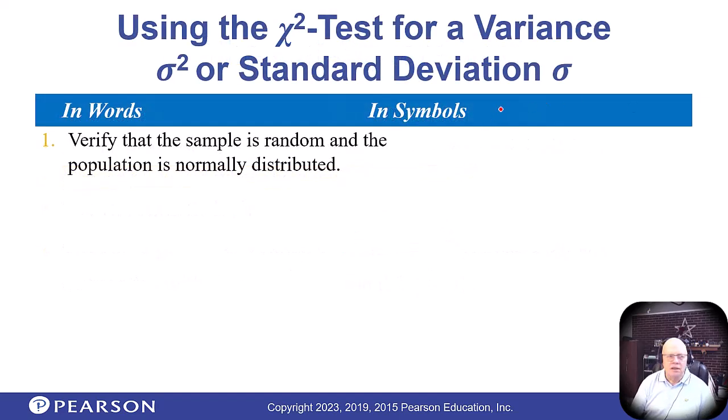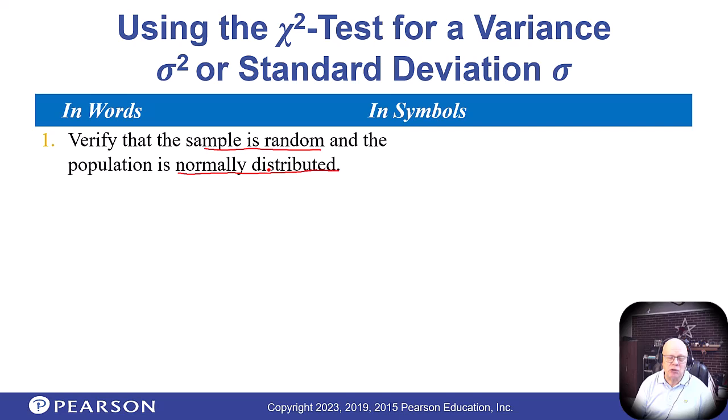All right, so what are the steps? First of all, make sure your sample is random. If it's not random, you're up the creek. And this one, as in a lot of the other ones, it needs to be normally distributed. Now, as opposed to the mean, you had to have certain conditions to make it normally distributed.